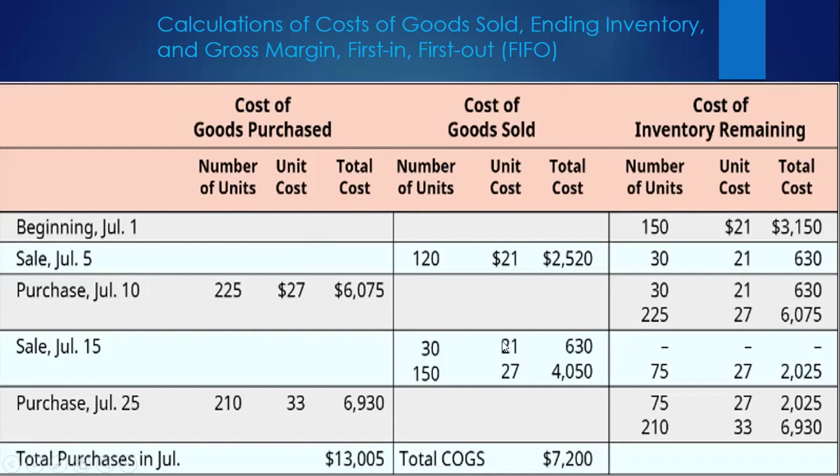This is just to calculate the cost of the goods sold. So I have 120 units sold, in the sold column, and I'm going to subtract from the goods on hand. 150 less 120, balance of 30 at the cost of 21 comes to $630.